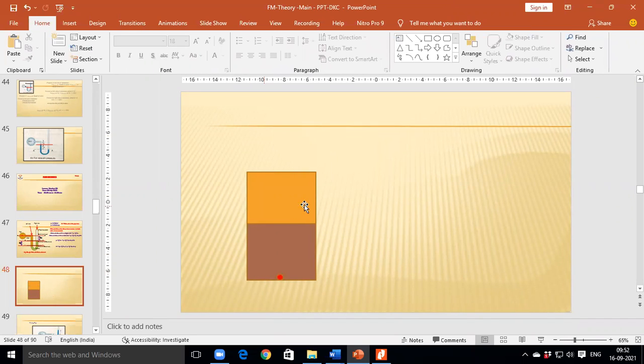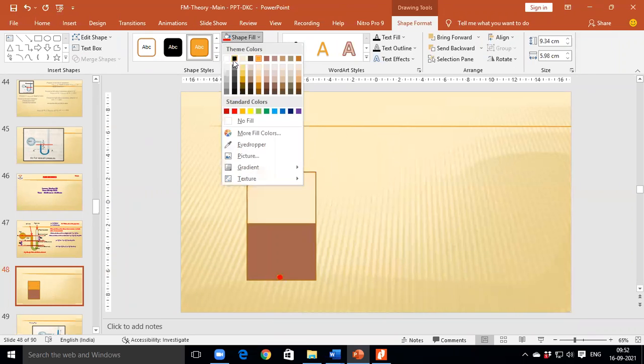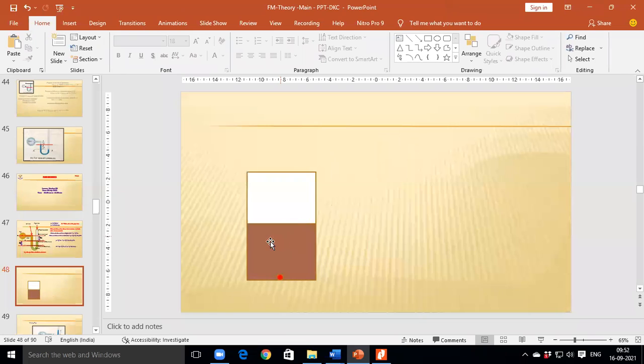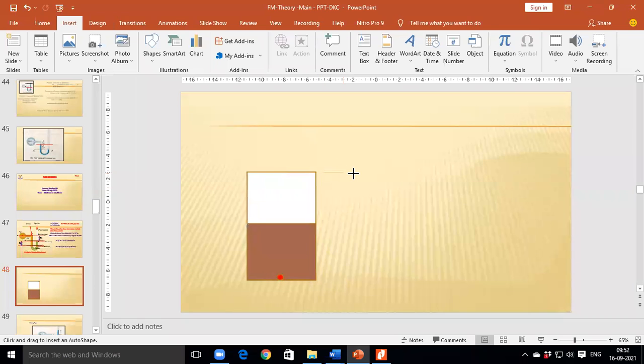We can consider it as a bucket, and in that bucket there is water. The level of water, we can mark it as a distance here.